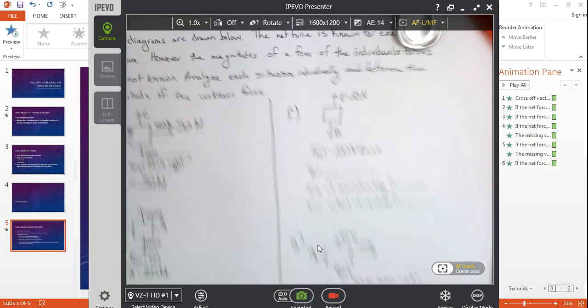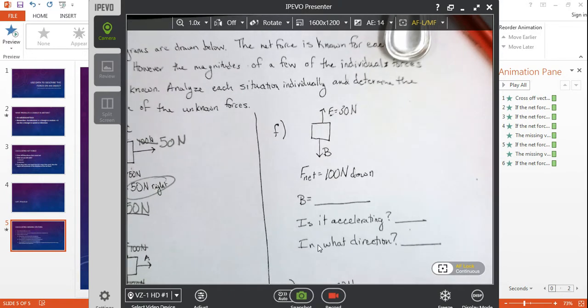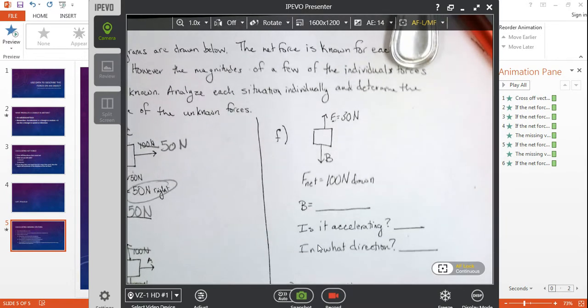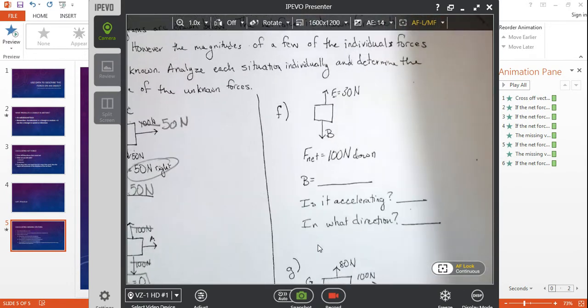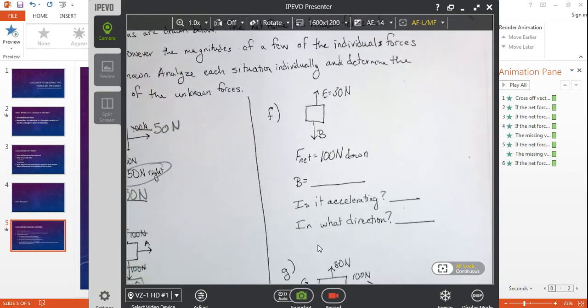So that is correct. Let's look at the next one. So we've got 30 newtons up and some unknown amount going down. The net force, though, we do know was 100 going down.